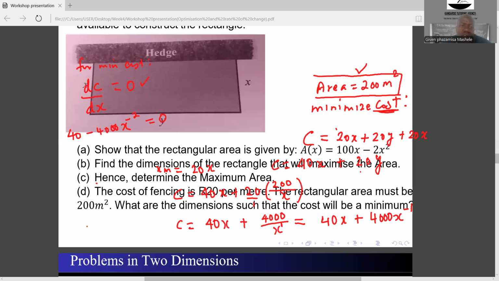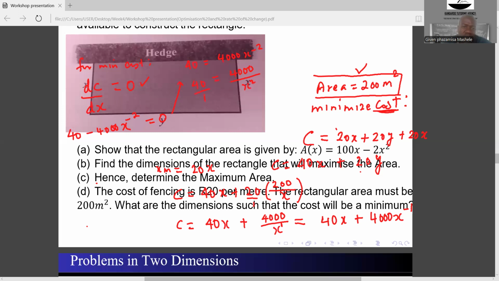So this will give us 40 equals 4,000 x to the power minus 2. Then we have to change the exponent not to be negative, so we bring it down to the denominator. It's the same thing. So this is over 1, ladies and gentlemen.